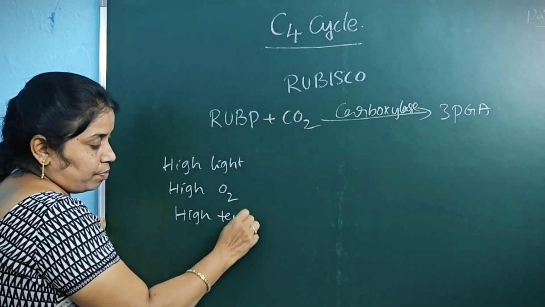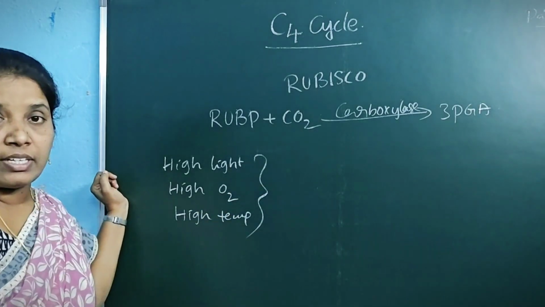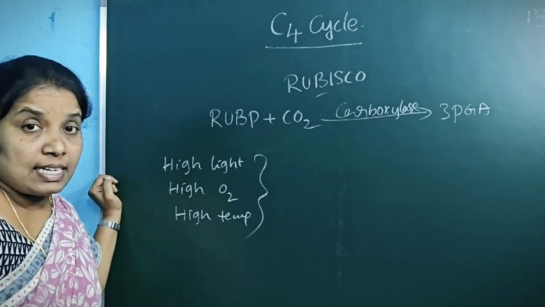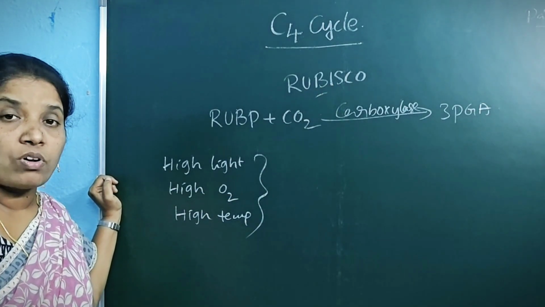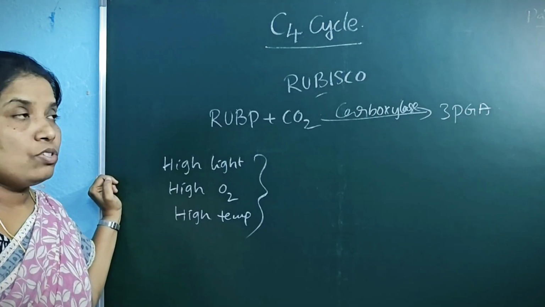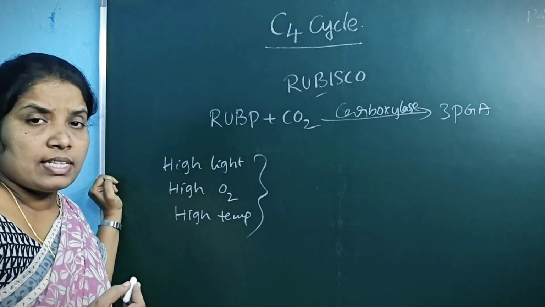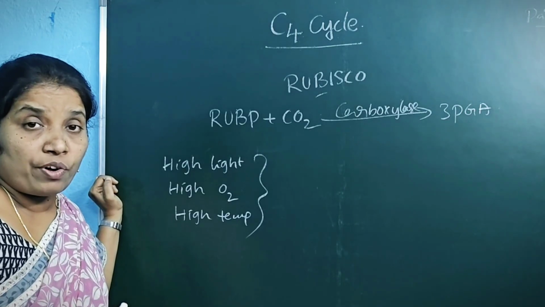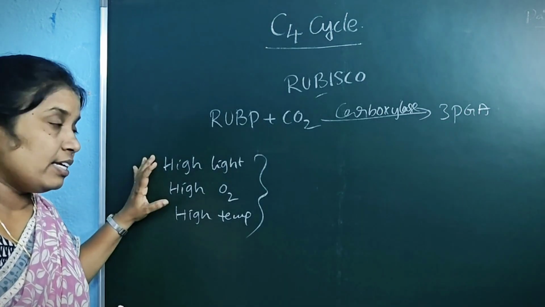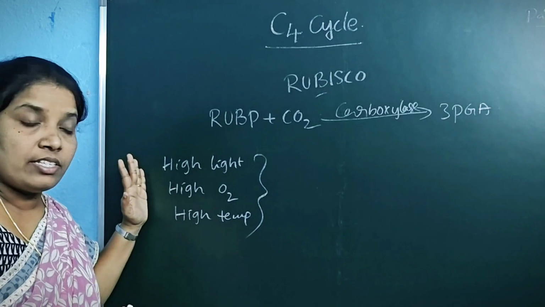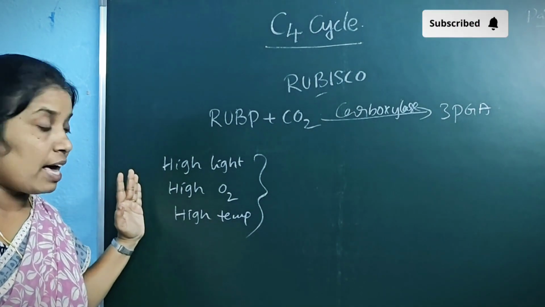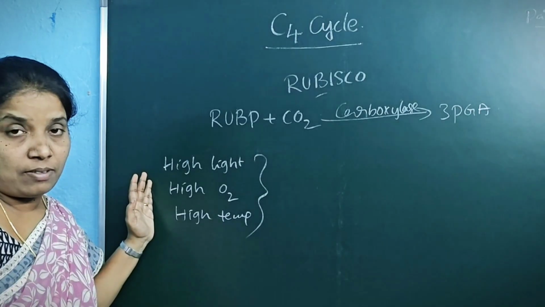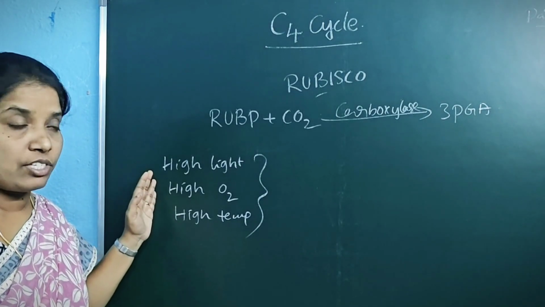During these conditions, Rubisco acts as an oxygenase. Due to the dual nature of Rubisco, in conditions like high light intensity, high O2 concentration, and high temperatures, it shows oxygenase activity.